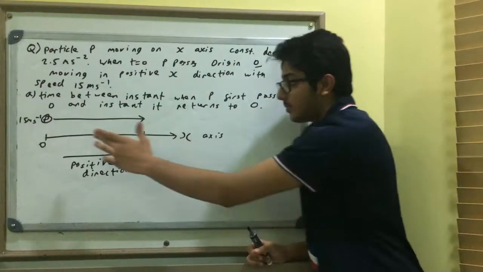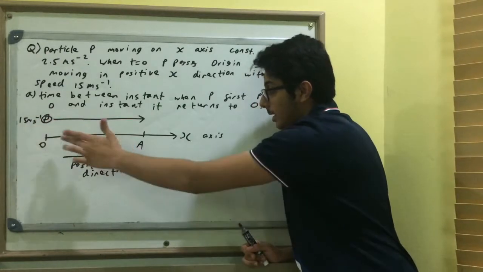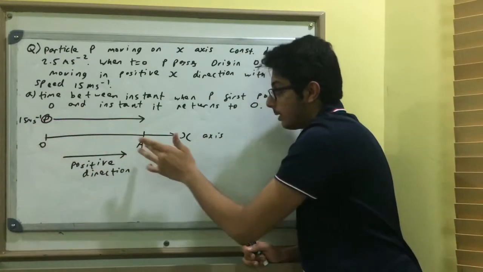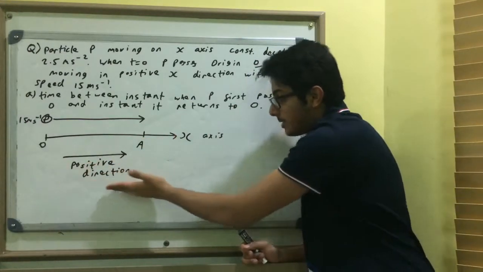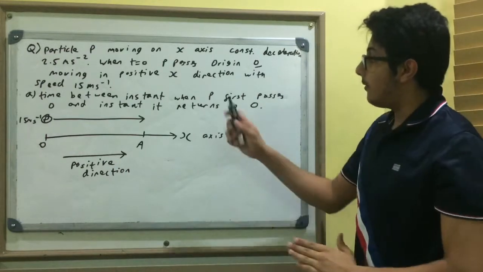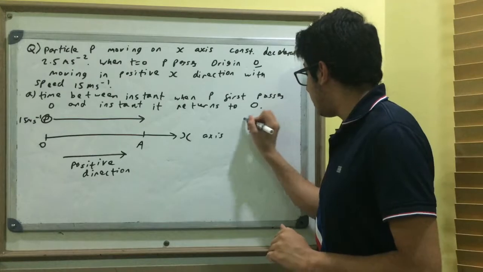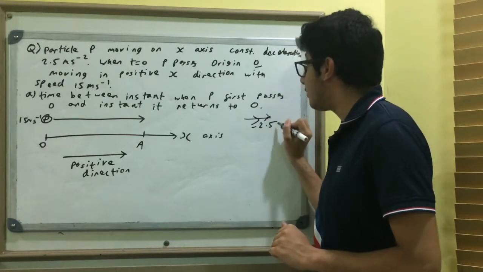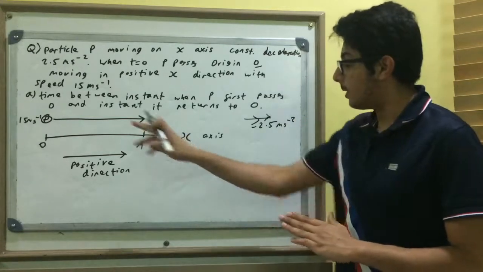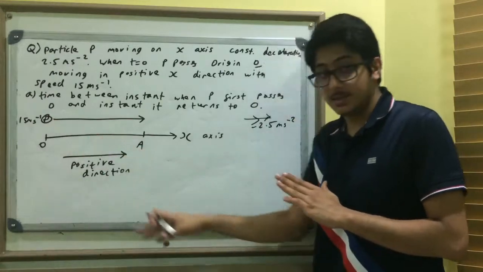Diagram. So here's particle P when it first passes O with speed 15 meters per second. Here's the x-axis, O, and the point when it starts to go in reverse. So this is the positive x direction. Now, if you imagine, because it's going at a constant deceleration, so accelerating minus 2.5 meters per second squared, the velocity is therefore going to decrease, yeah?